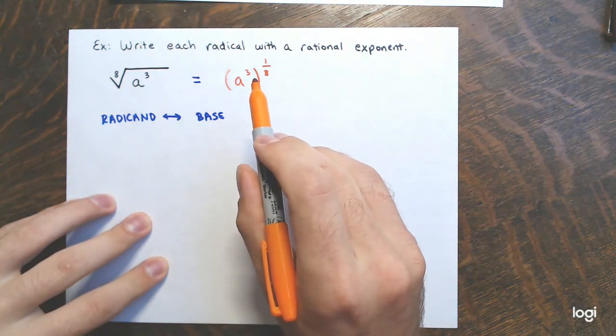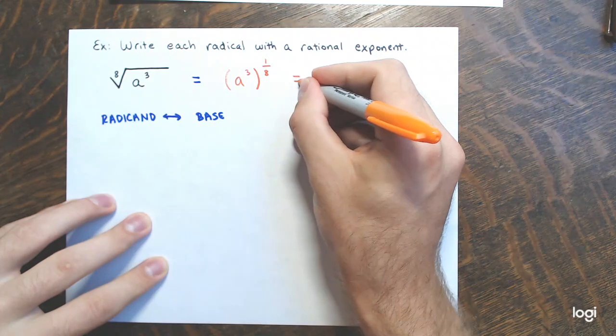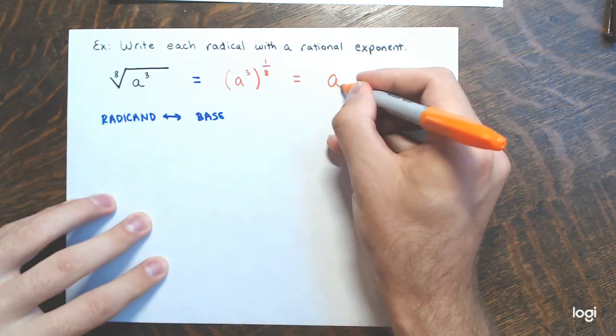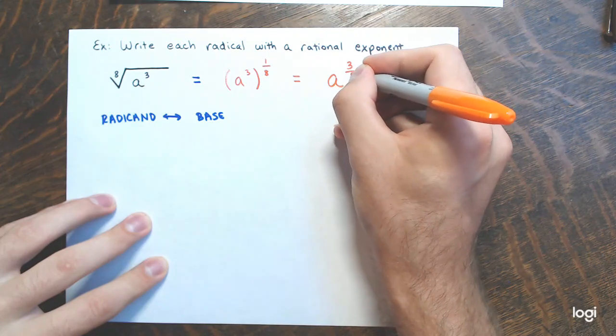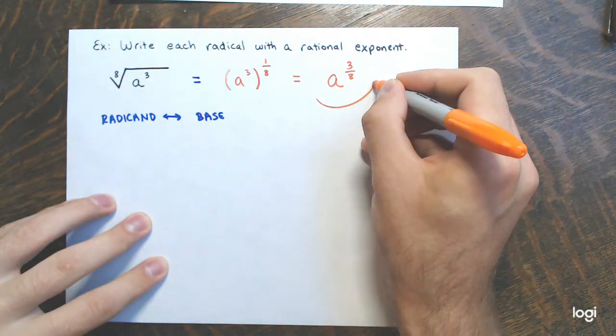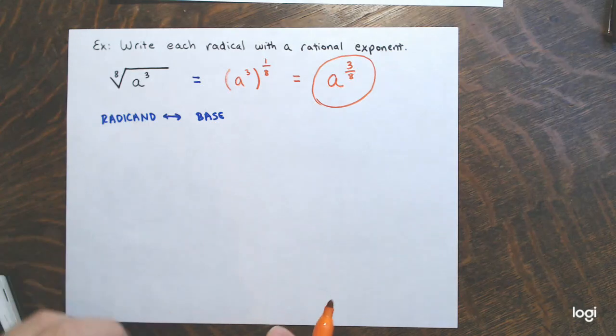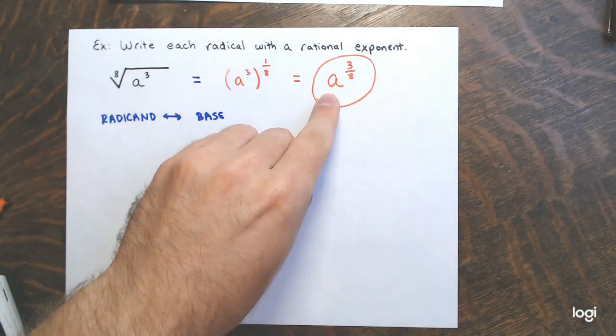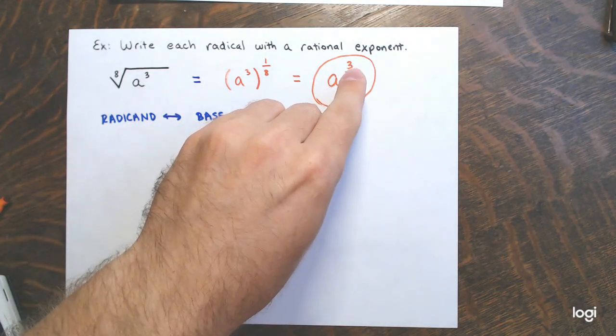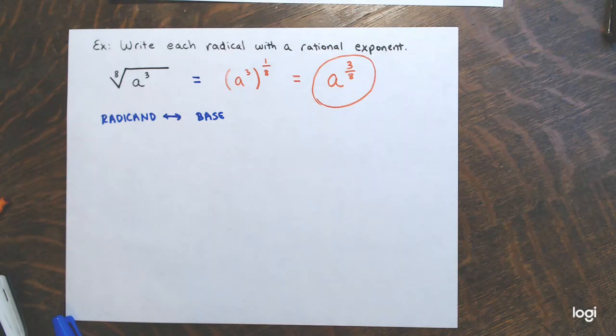And then I use that power to a power property. This is a to the 3 times 1/8, or the 3/8 power. Okay. And so the 8th root of a cubed means the same thing as a to the 3/8 power. Now you might also want to point out too, very often in an expression you like to point out what's allowed to be plugged in sometimes.